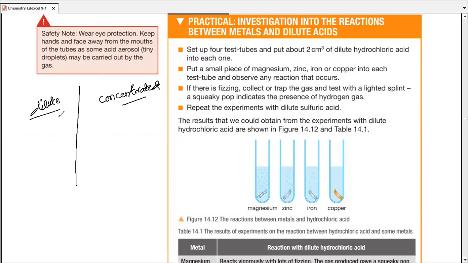Now, these both go for solutions, dilute solution and concentrated solution. You already understand that a solution is made up of 2 things, solute plus solvent, right? So there must be a way of defining both dilute and concentrated solutions.